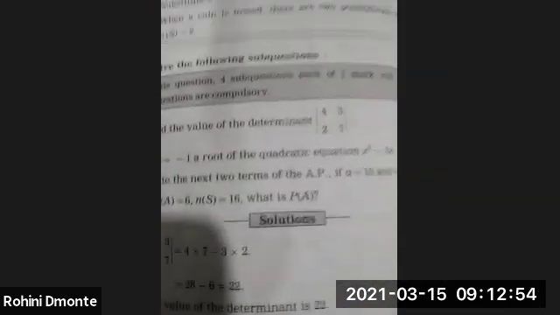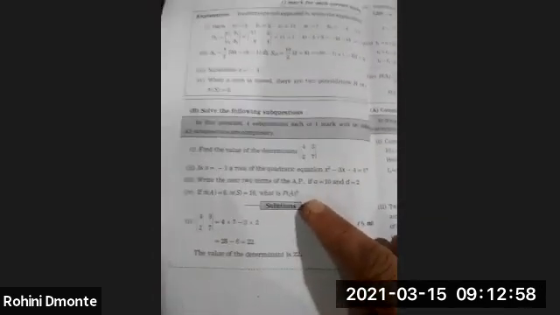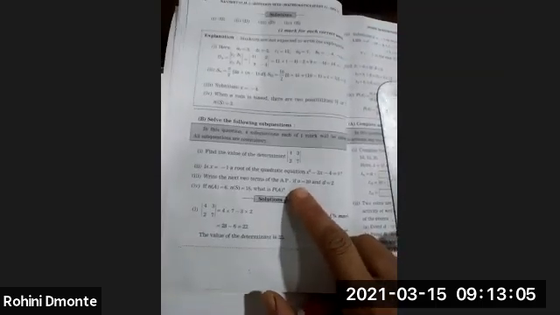Okay, I'm just reading this. I don't know whether it is visible to you or not. I'm trying my best. Write next two terms of the AP if A is equal to 10 and D is equal to 2. See, look here, students. What is given over here? Write the next two terms of the AP, if A is equal to 10. A is nothing but what?